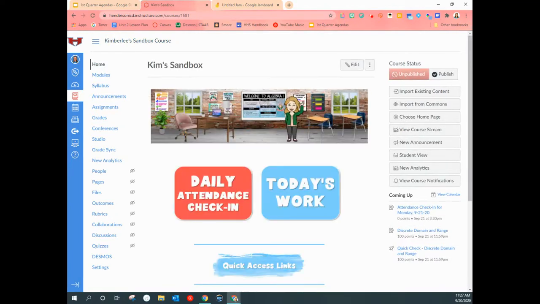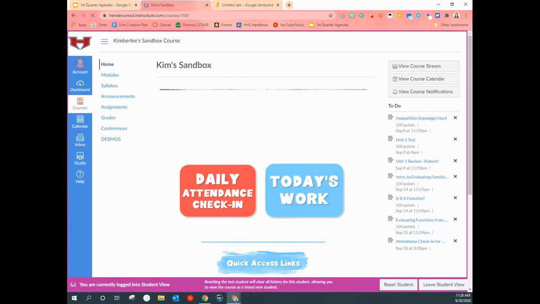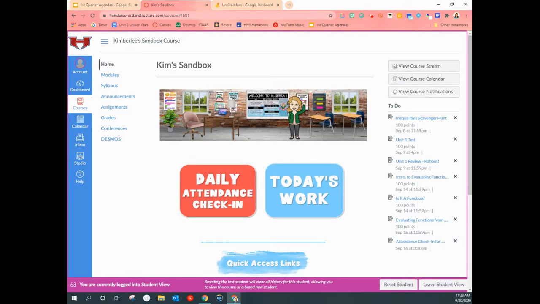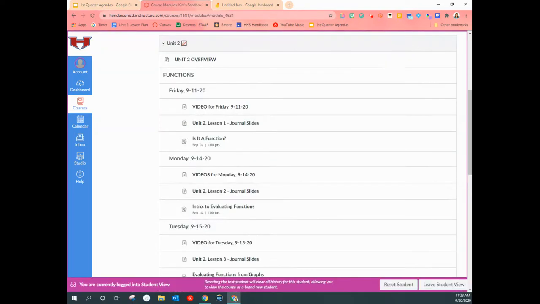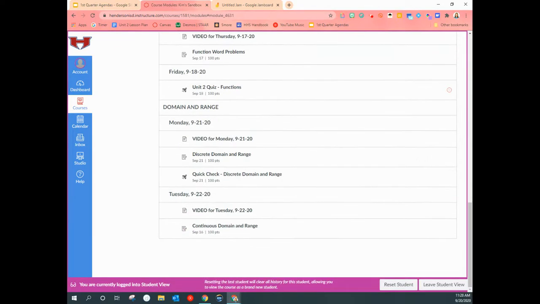Y'all cannot see all of this, I don't think. But they're the same exact. The daily attendance check-in and the today's work, they take you to the modules page, guys. So do the attendance check-in. It'll be at the very, very top. And then you can just scroll to the bottom of the modules page and you will see your work for today. So we're going to do continuous domain and range.